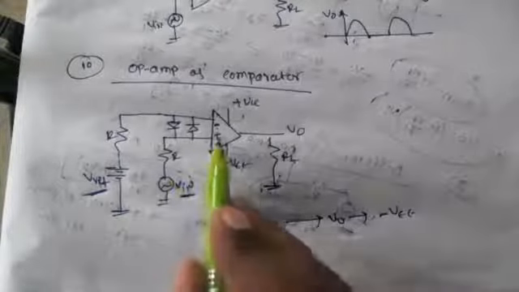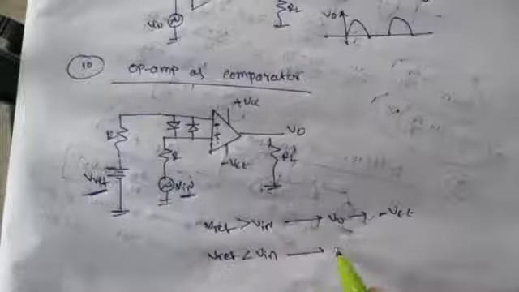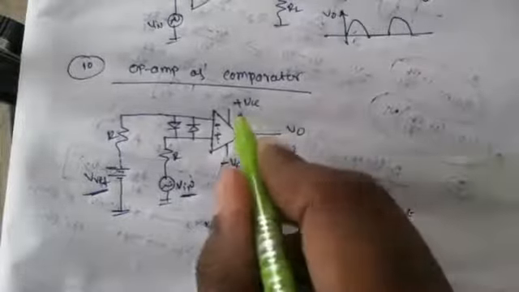If the reference voltage is greater than the input voltage, then the output voltage will switch to minus VEE. When the reference voltage is less than the input voltage, which means the non-inverting potential is greater compared to the inverting potential, then the corresponding output voltage will be switched to plus VCC.